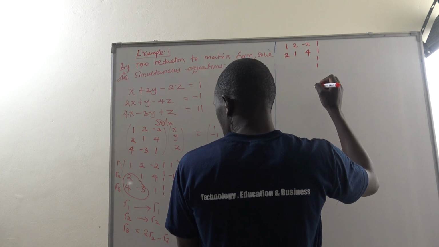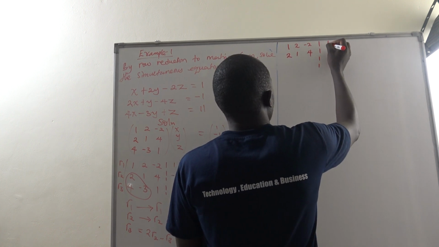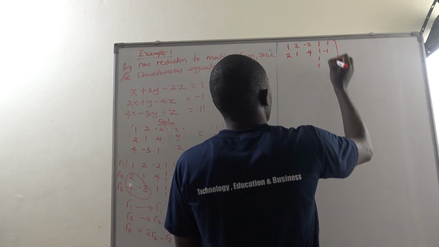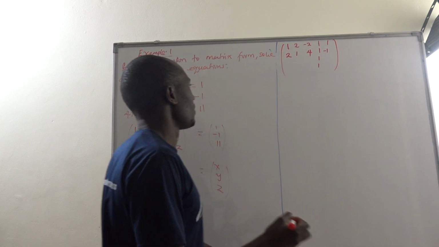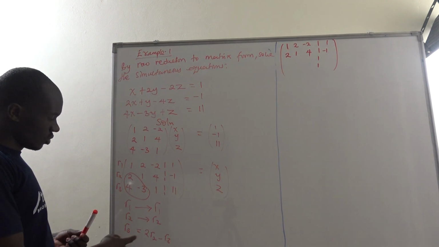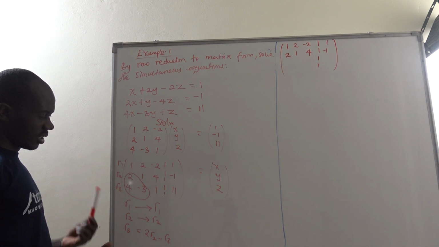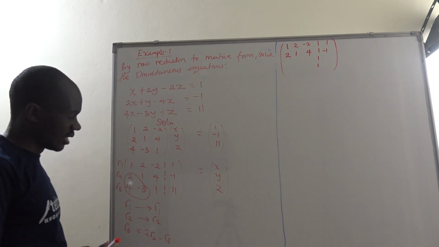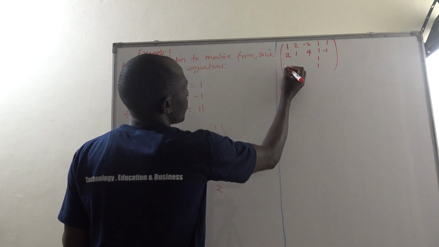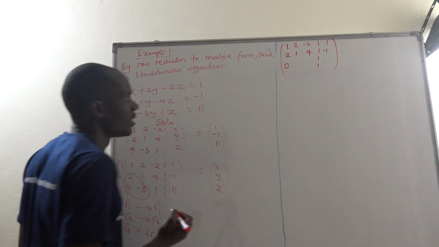So here I've got 1, negative 1, and I want to work on that. So can we apply 2 times row 2? We get a 4 minus 4, you're getting a 0. So this one is already 0 on row 3.